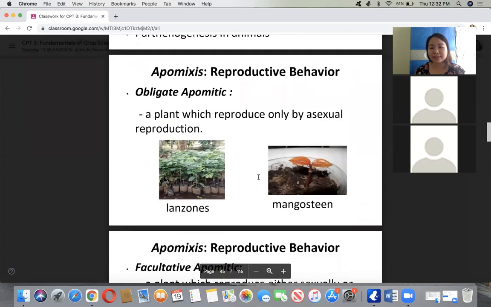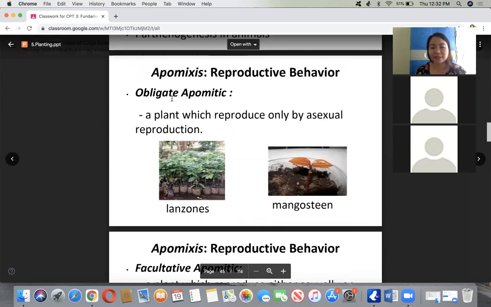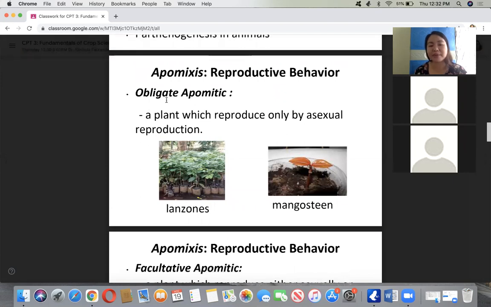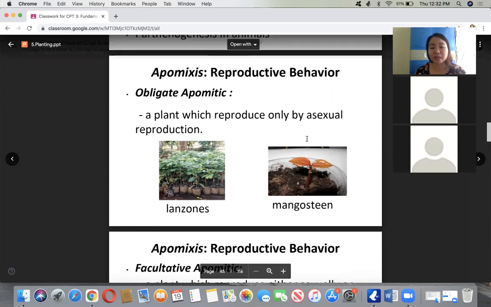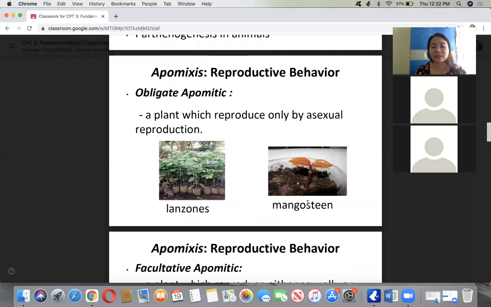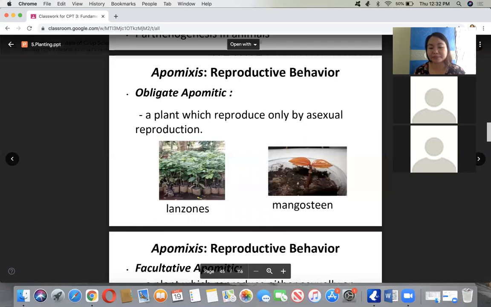So it's a reproductive behavior. Based on reproductive behavior, it can be called obligate apomictic, wherein a plant will reproduce only by asexual reproduction. So like for the lanzones and mangosteen, you thought all the way that the seed comes from sexual reproduction, but it's not, because they are obligate apomictic.